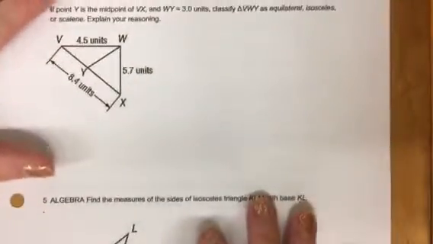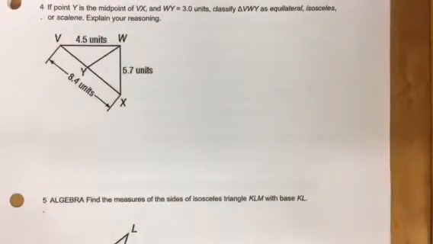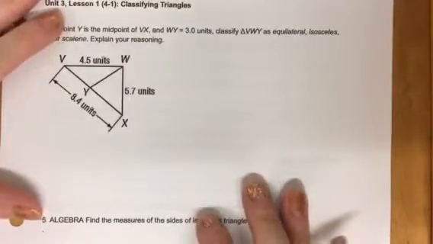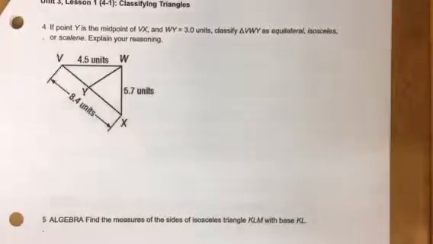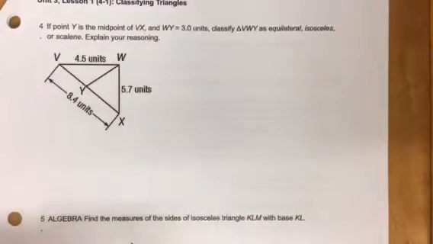Okay, so how can we use this information to classify equilateral, isosceles, or scalene? So looking at measurements now of the sides, if point Y is the midpoint of VX and YW equals 3.0 units, classify triangle VWY as equilateral, isosceles, or scalene.